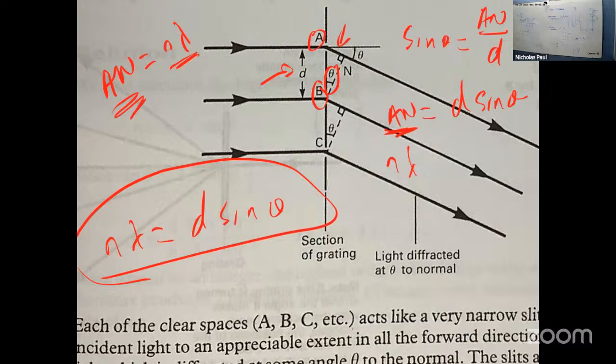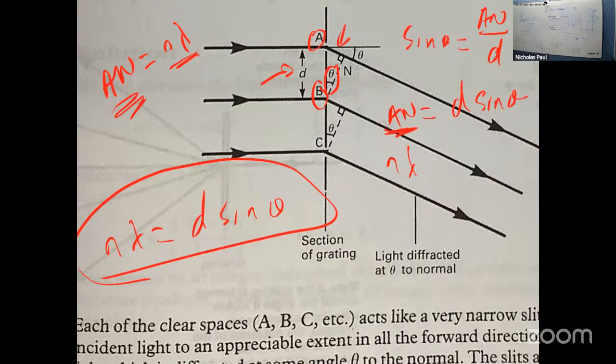En is the path difference. Remember we showed the diagram, the little extra. En is the path difference. Why is the path difference n lambda here? Come on, whole class. Why is En equal to n lambda?